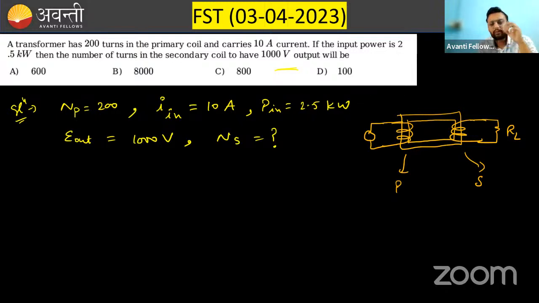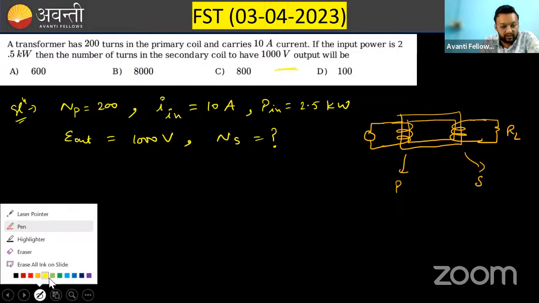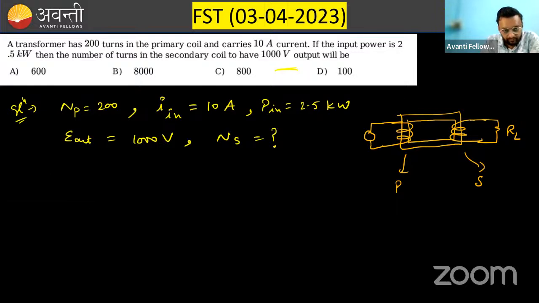Now for that, we should remember a few relations. One golden relation for transformer is E out over E in is equal to number of turns in secondary divided by number of turns in primary.